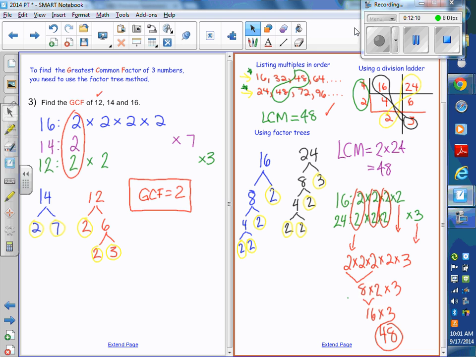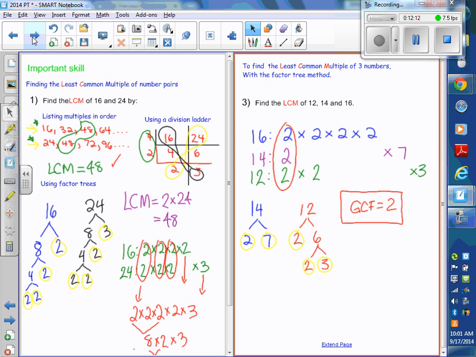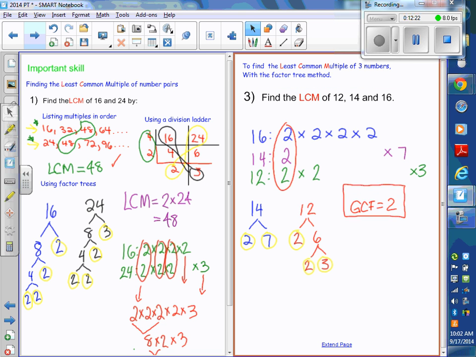So let's go back to finding the least common multiple of 12, 14, and 16. And we're going to start with our work from the greatest common factor. We already figured out that the greatest common factor was 2, move that up here, using the factor trees.